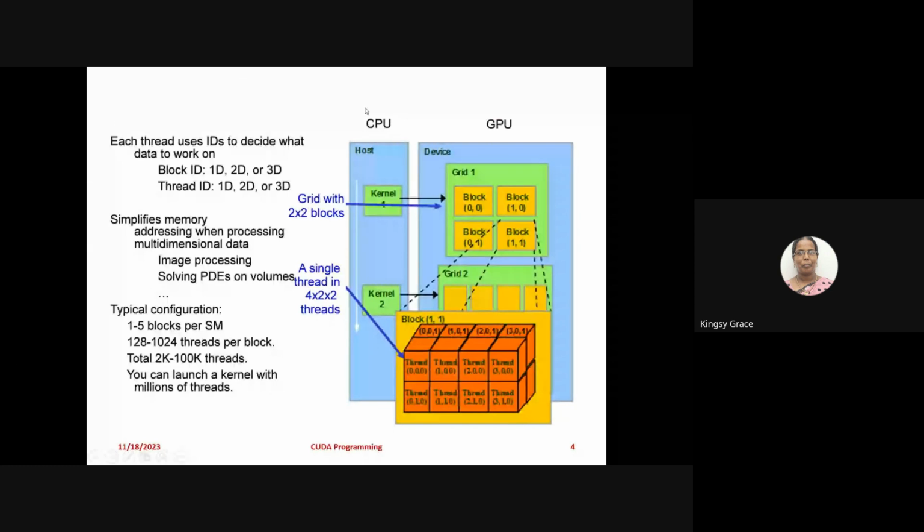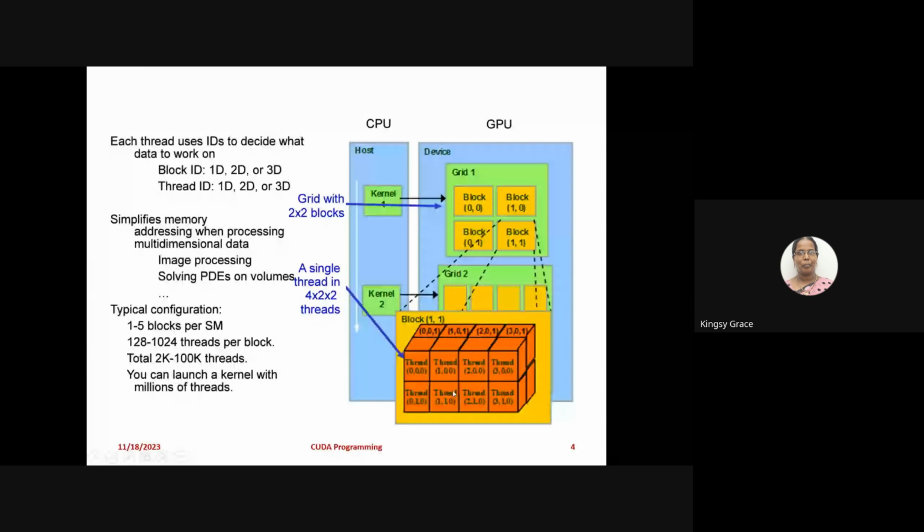So again, the next diagram. So it shows both CPU and the GPU. And the host contains our kernel program and the CPU program that will go to the grids, all the grids. That means how many dimensions we have mentioned or how many blocks we have mentioned.